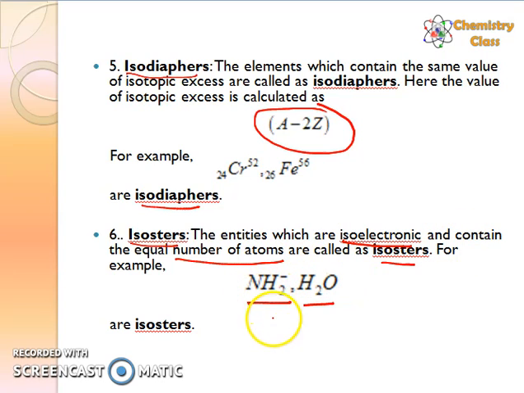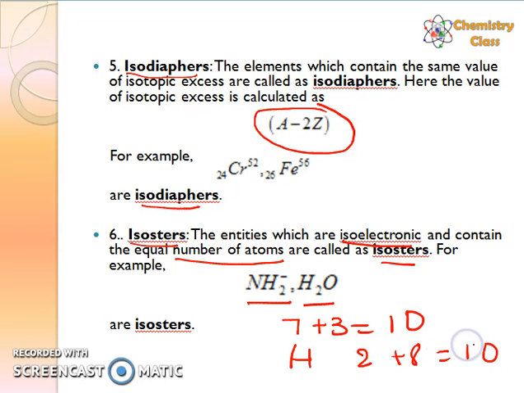You can see here nitrogen has atomic number 7, hydrogen is 2, and so 7 plus 3 is equal to 10 in NH2 minus. In the water molecule you have 2 hydrogen atoms and oxygen is 8, so this is also 10. So these have the same number of electrons and the same number of atoms also. You can see 2 plus 1 is 3, 2 plus 1 is 3.